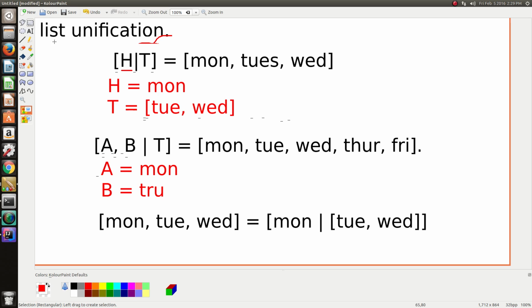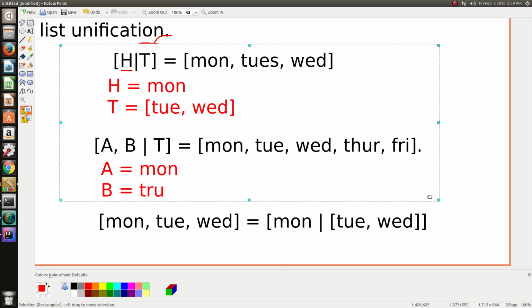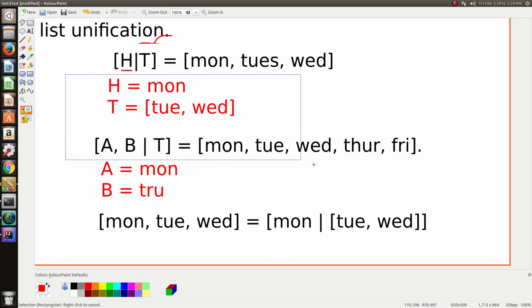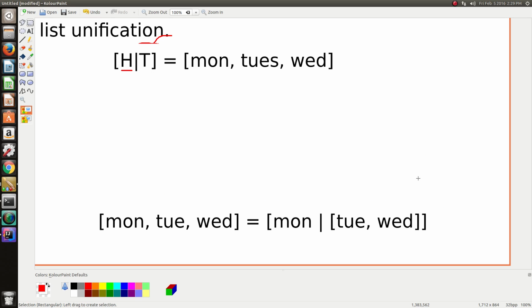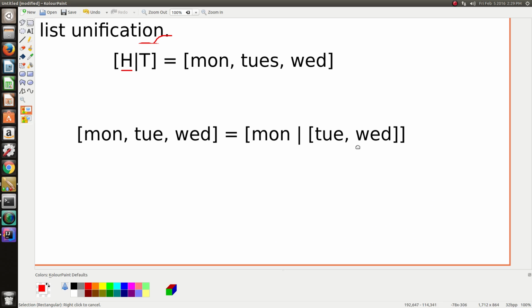So probably the last pattern that I want to cover is another use of the bar, because you might be wondering how Prolog can unify these two together.